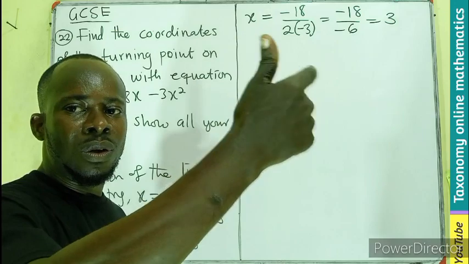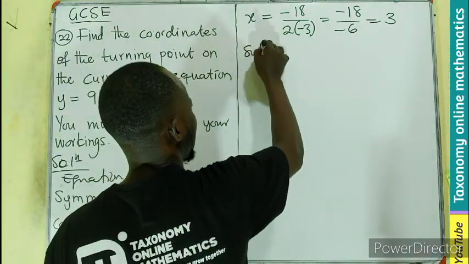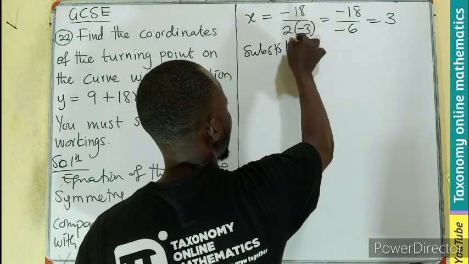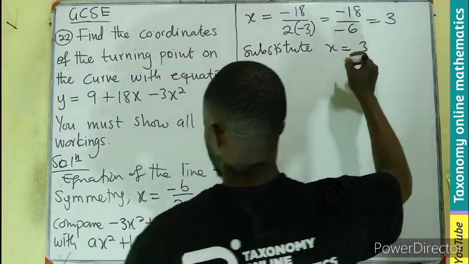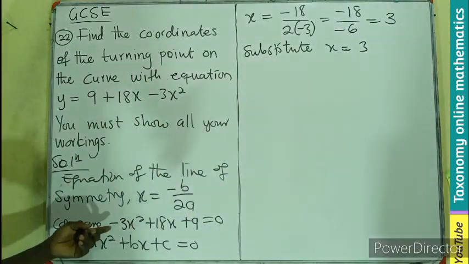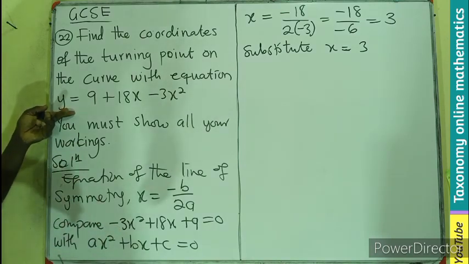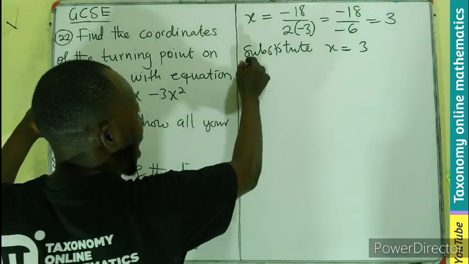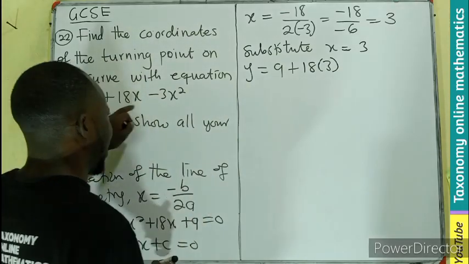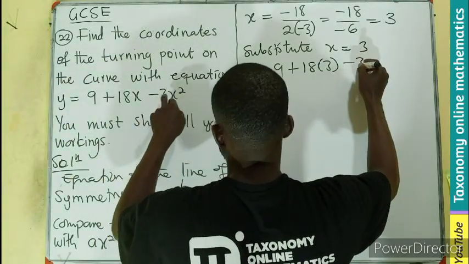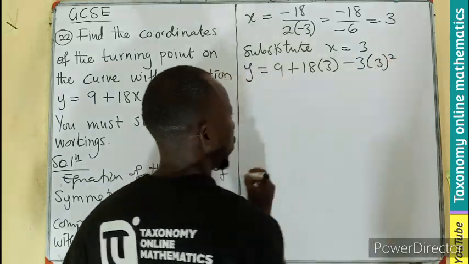Then we need to find the y counterpart to find the vertex. So we substitute x equals 3 into the original equation. To find the value of y, I can write y equals 9 plus 18 times 3, minus 3, which is already in the question, times x, which is also 3, all squared.